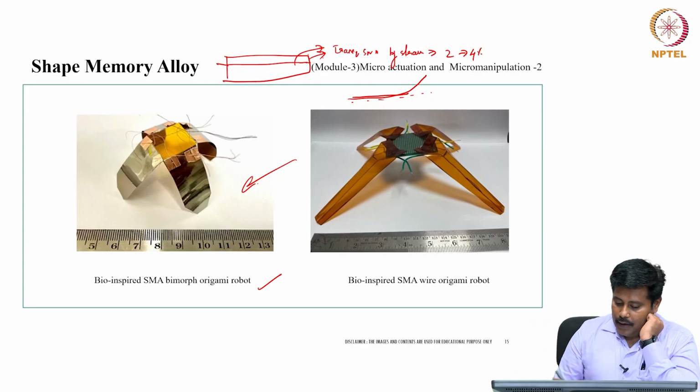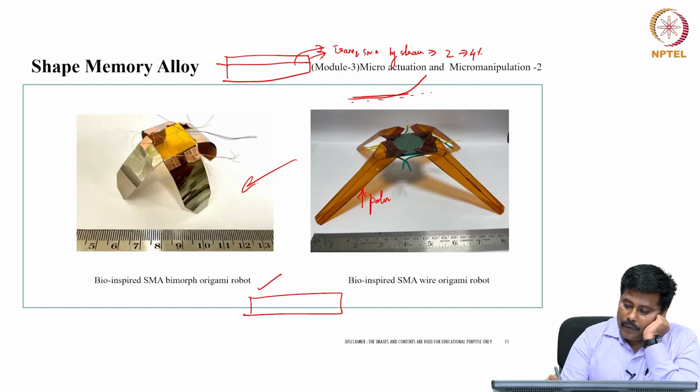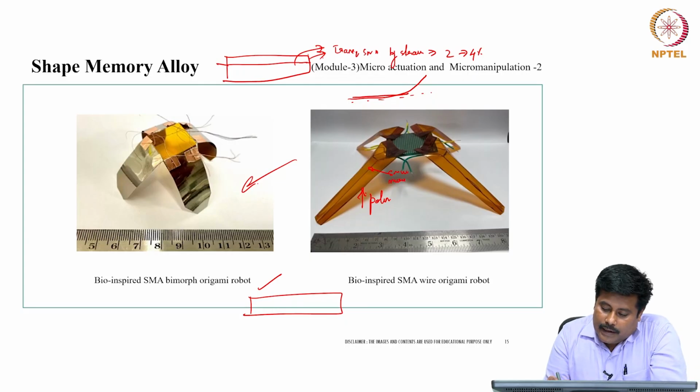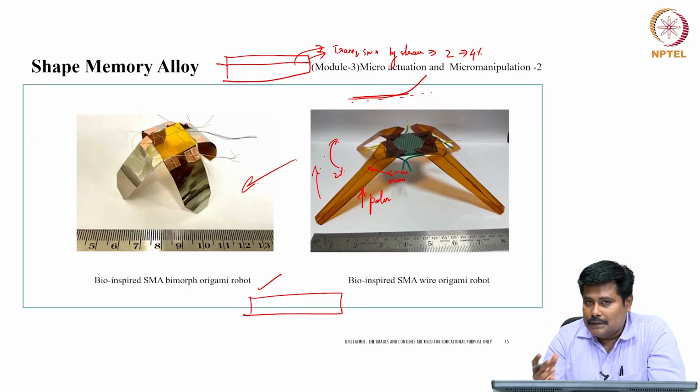Okay. In this particular case, we have a polyimide. This polyimide is integrated with a micron SMA wire. These SMA wires are integrated with this polyimide composite structure, and they are strained up to 2%, so that this 2% will be the programming for this particular shape memory alloy, so that the shape memory alloy gets actuated and there is a displacement which exhibits over here.